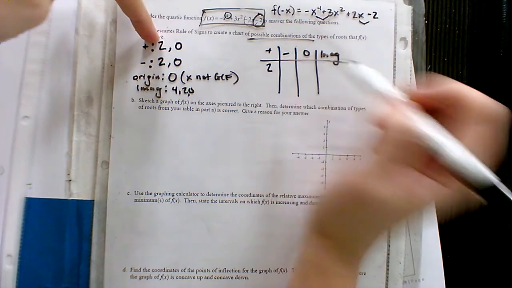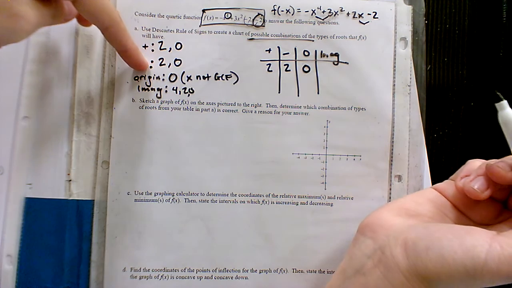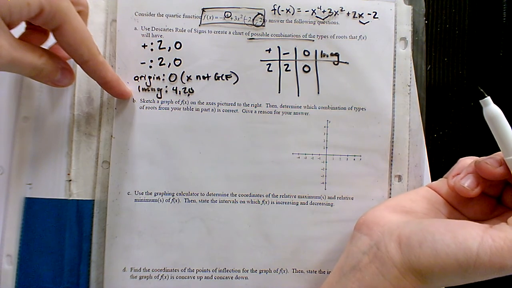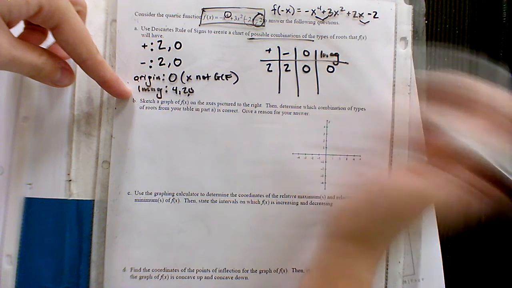Let's see, I can have 2 positive, 2 negative, none at the origin for sure. And if my degree is 4, that would leave me with no imaginaries because I already have the 4 covered.